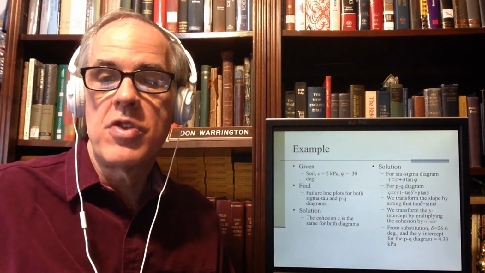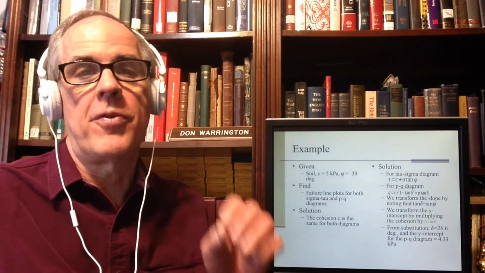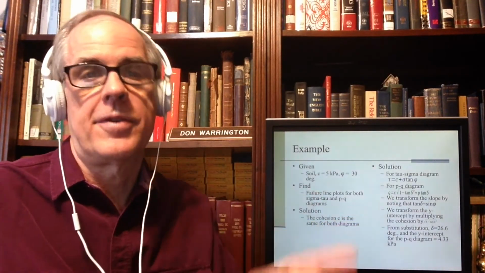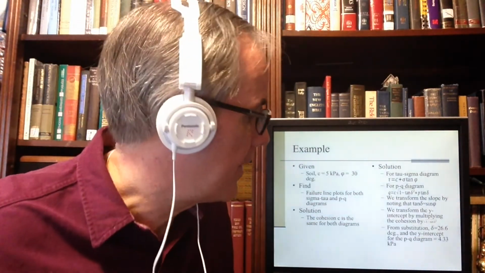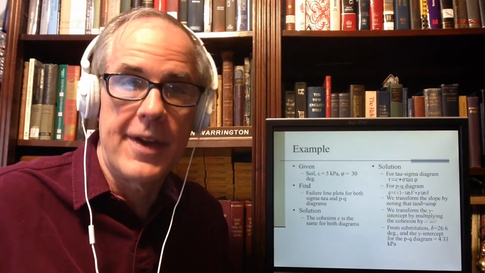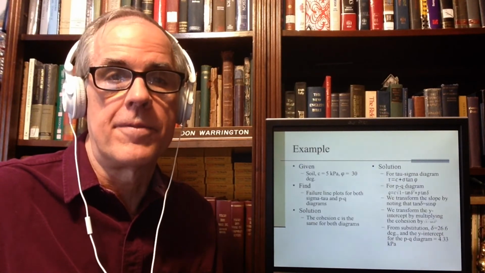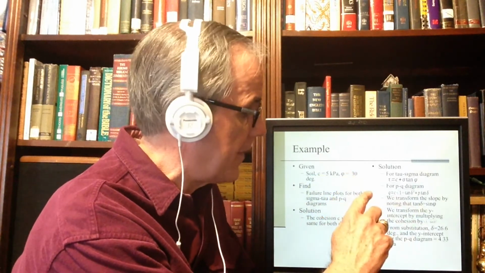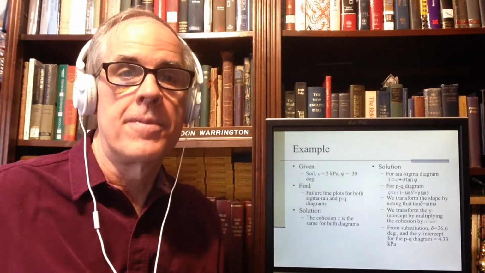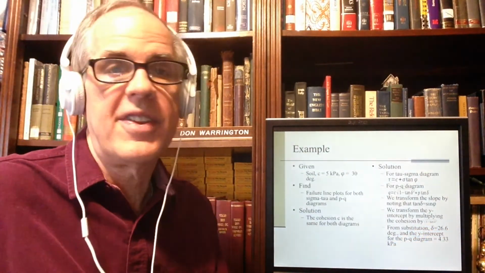In order to do this properly, first of all, you have to transform the slope from phi to delta. And you do that by noting that tangent of delta is equal to sine of phi. So if I know the sine of phi, which, by the way, for 30 degrees is a half, then I take the arctangent of a half in this case, and I get delta, which happens to be 26.6 degrees, which is the easy part.